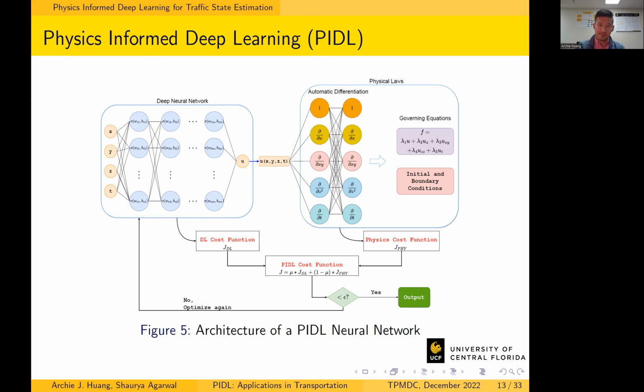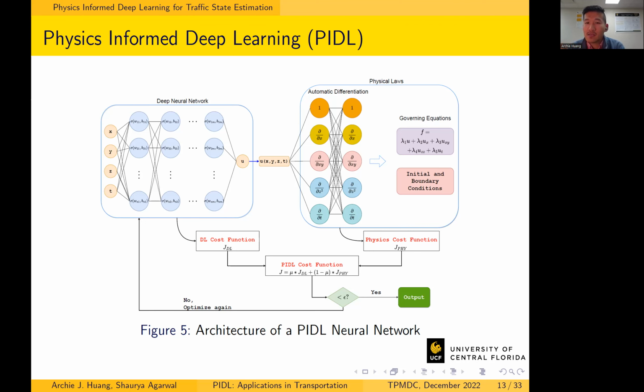So how do we actually encode this equation in the training process? By producing two cost terms. One part comes from the regular deep learning neural network on the left, by basically just comparing my estimation output with the ground truth.